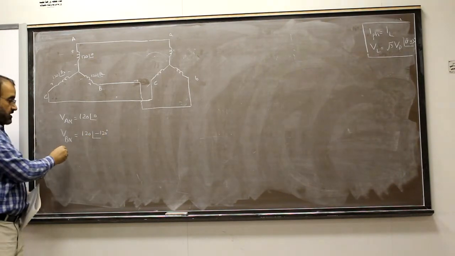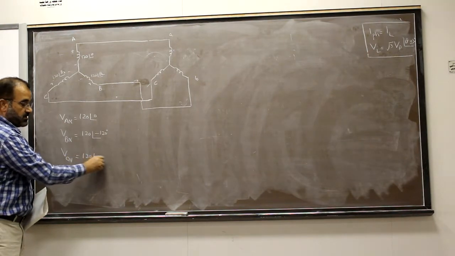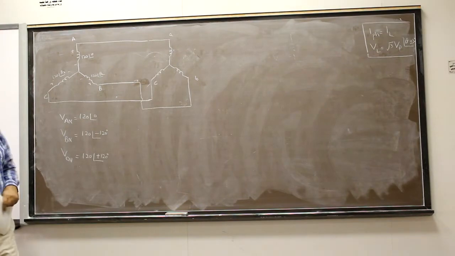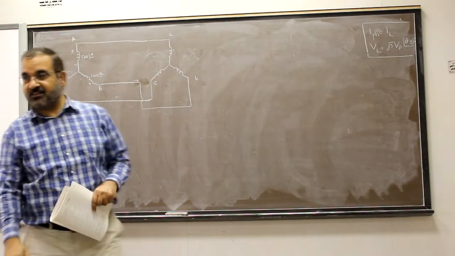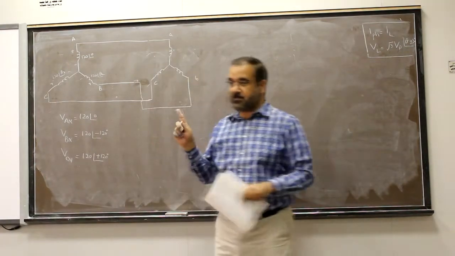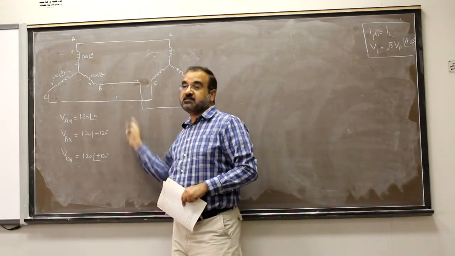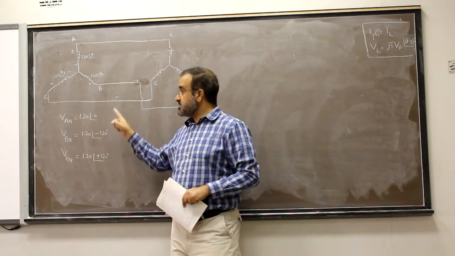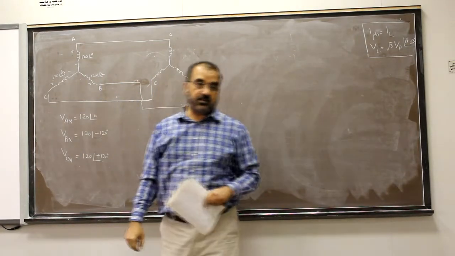And V_CN will be equal to 120 angle plus 120, or minus 240, both the same, no difference. Or this is minus 120 or plus 240, both are the same thing. This number one thing is finished. You have calculated theta 2 and theta 3.